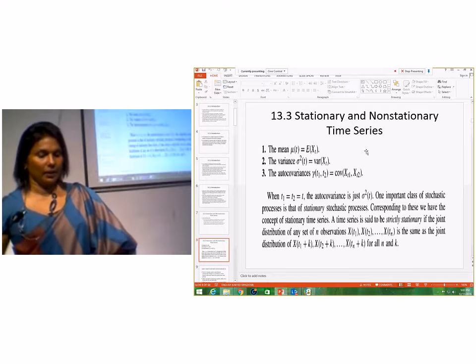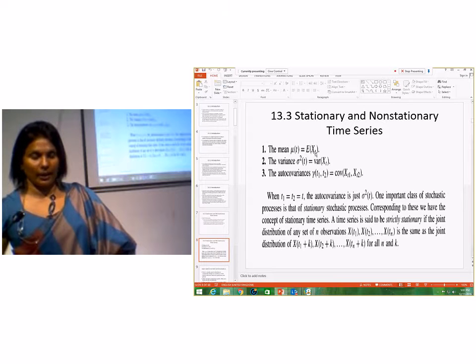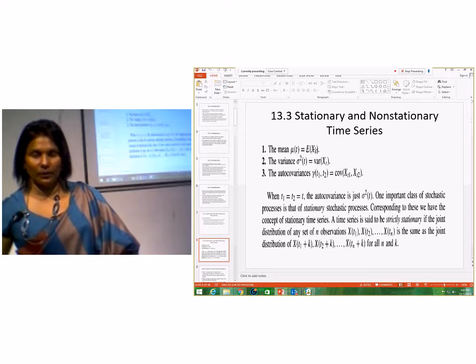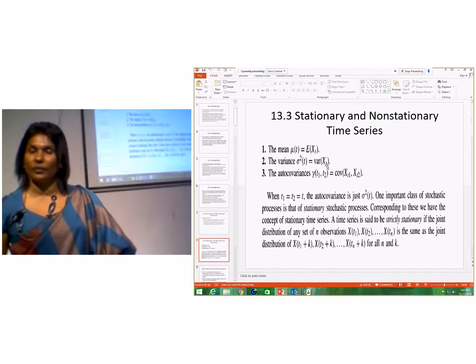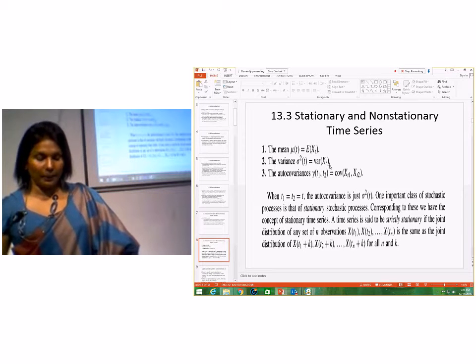Here, the mean of the time series is expected, and the variance and the autocovariance of our variable.